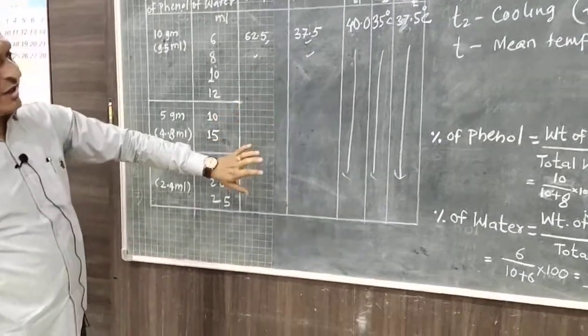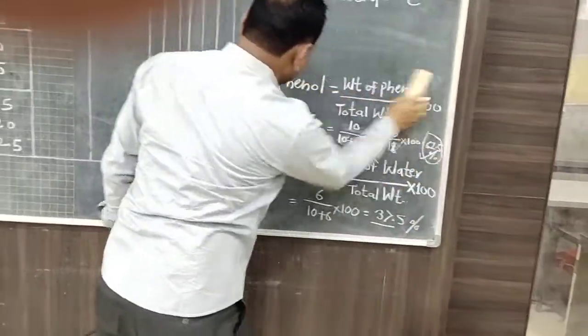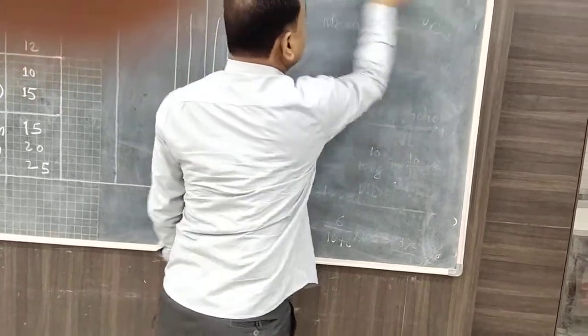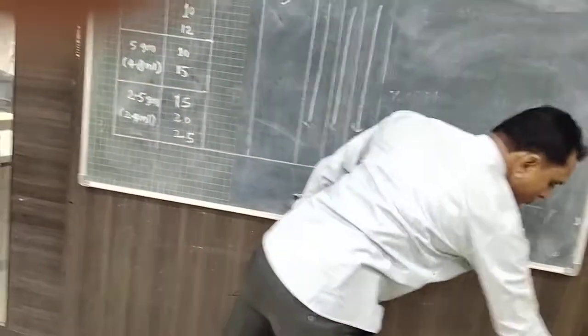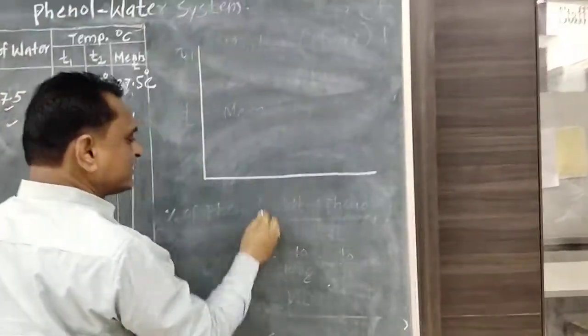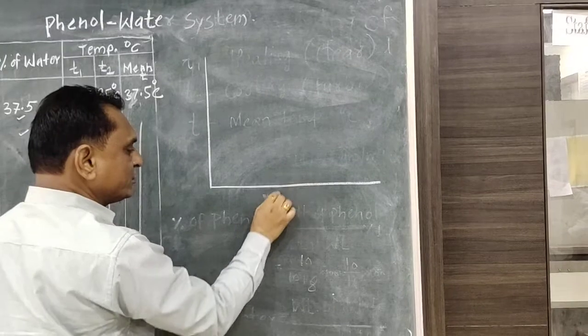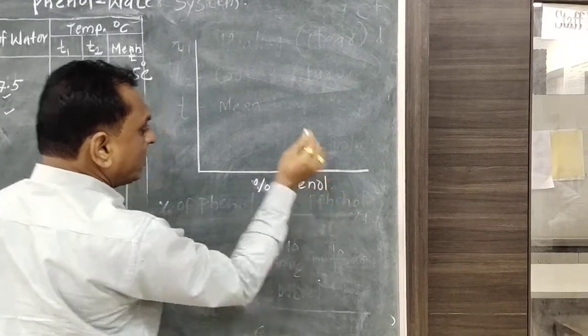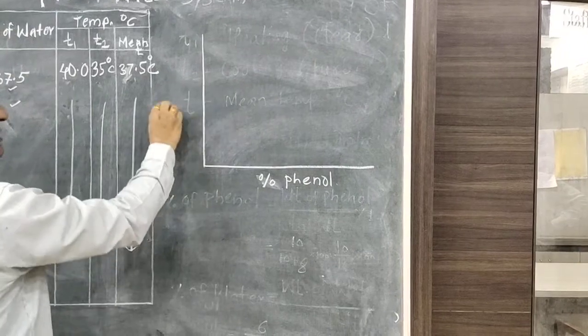After getting all values of temperature, we have to plot the graph for getting the value of the critical solution temperature. As for the nature of the graph, on the x-axis we have to take the percentage of phenol, and on the y-axis we have to take the temperature.